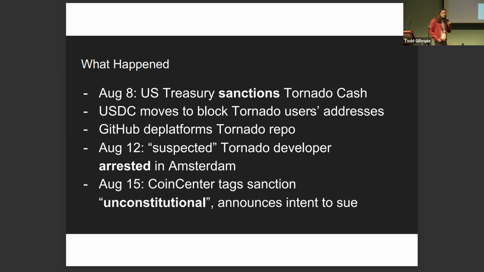And that means that you are inherently blocked from using the second largest stablecoin in the cryptocurrency world, which is kind of disturbing. Subsequently, GitHub did deplatform the Tornado Cash repo, and on August 12th, that is Friday, the Tornado Cash developer was arrested in Amsterdam for the stated reason that they were suspected of being a Tornado Cash developer.